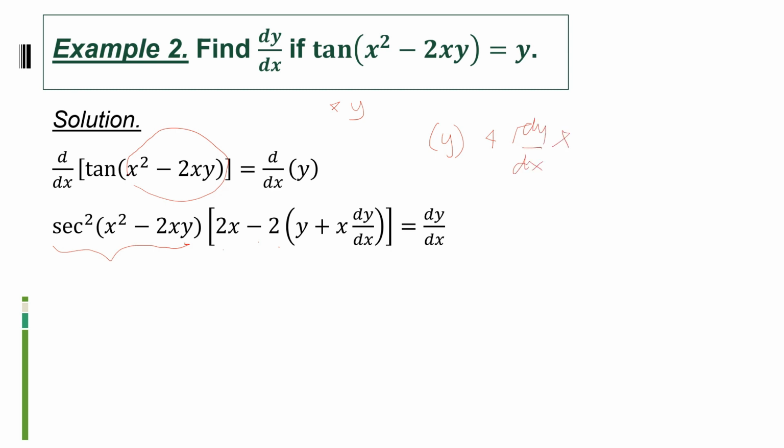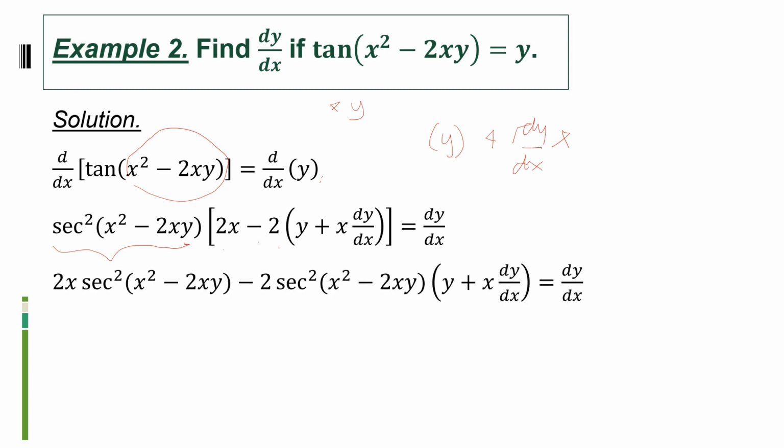So we have x dy over dx. And what is the derivative of y on the right side? We have dy over dx. So by simplification, we have 2x secant squared of x squared minus 2xy minus 2 times secant squared of x squared minus 2xy times y plus x dy over dx.